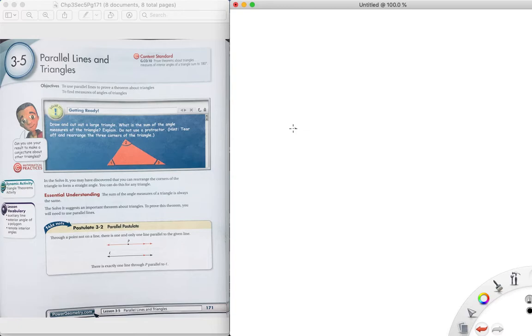We have a line. We call it line L. This is the parallel postulate.